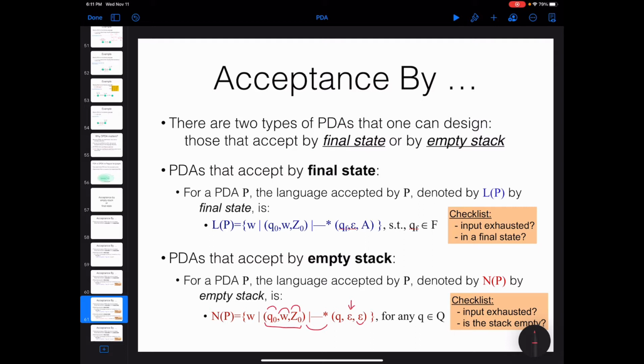It doesn't matter which state you are in, you accept that string.